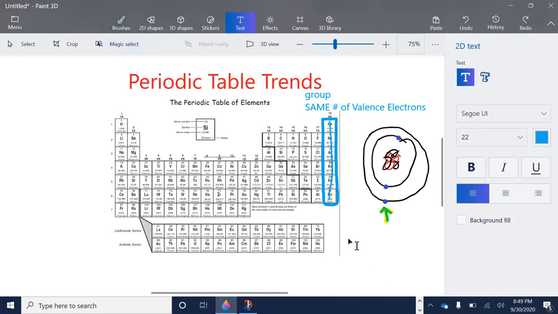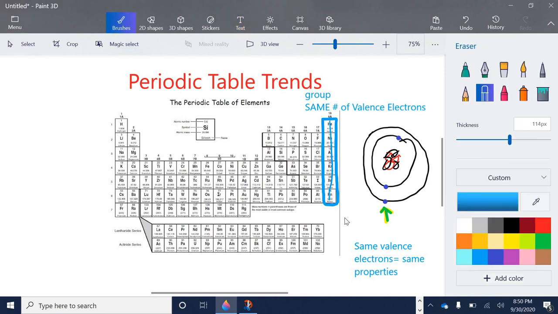Let me write it out one more time down here. Same valence electrons means same properties.